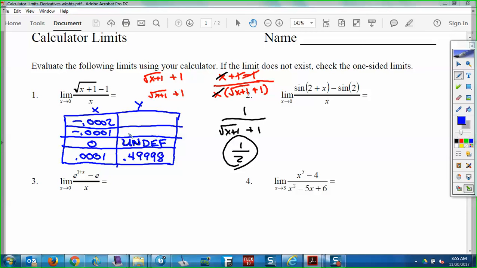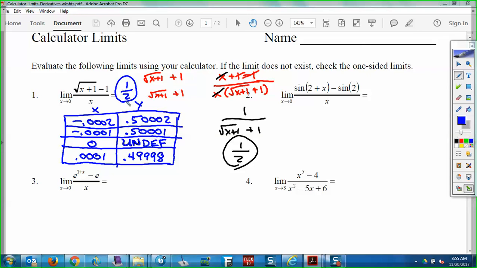Okay, and this one is? That one is 0.50001. And this one is? 0.50002. Like that. The blue is what I want to see on your paper. And then the answer right here is clearly 0.5.